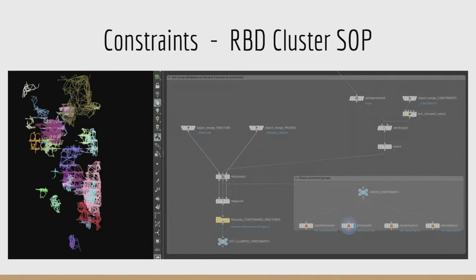And once you run your RBD cluster SOP here, I'm pretty sure it's the default option, it will generate groups for all of your constraints, determining whether they're just within a given clump, or between clumps, or clumps to piece, or between disconnected pieces. And that's all very helpful information when you set up your simulation. Because in your constraint properties SOP, you can just grab any one of those groups.